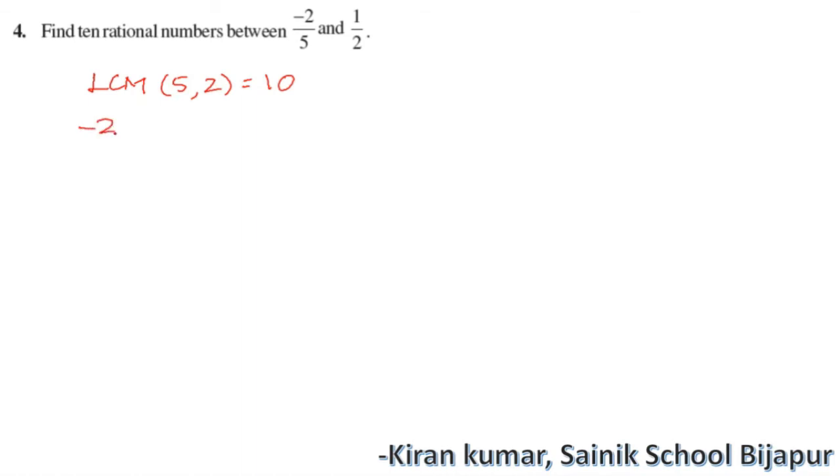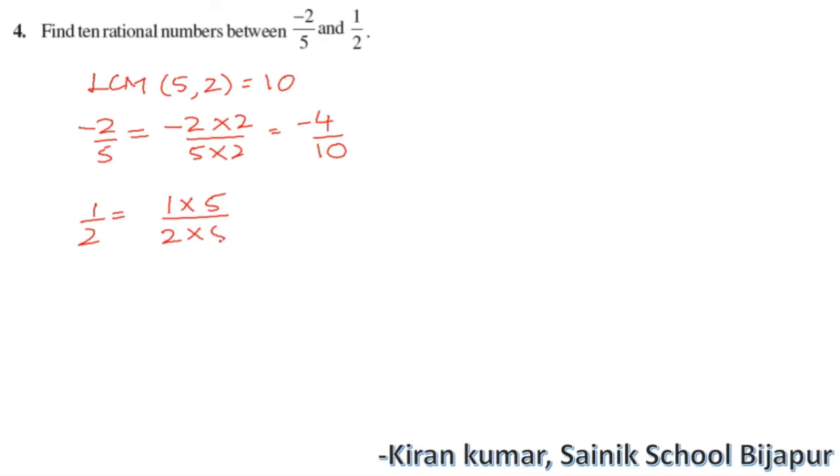So negative 2 by 5 is same as negative 2 multiplied by 2 over 5 multiplied by 2, which is negative 4 by 10. 1 by 2 is same as 1 multiplied by 5 over 2 multiplied by 5, which is 5 by 10.